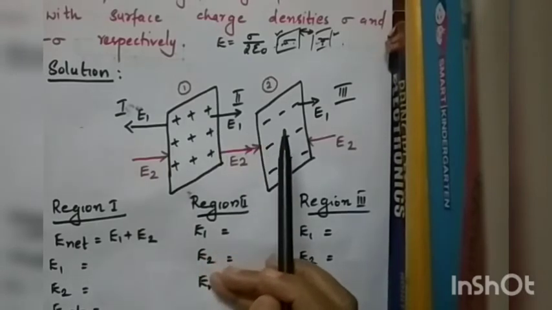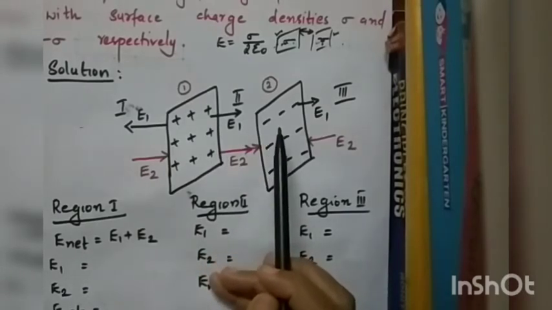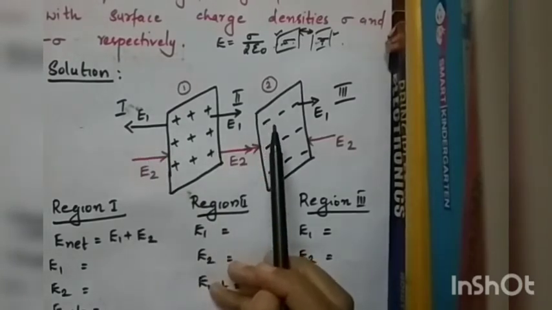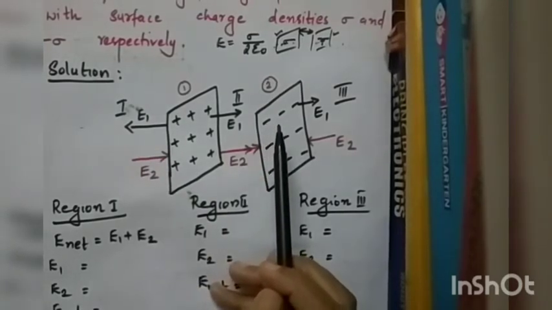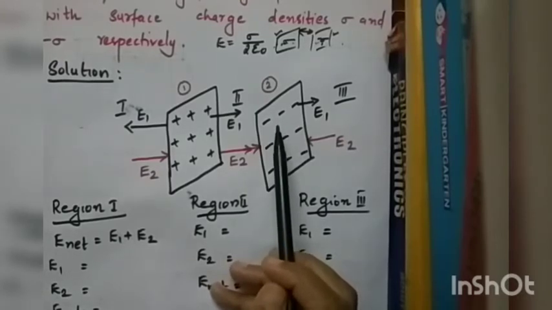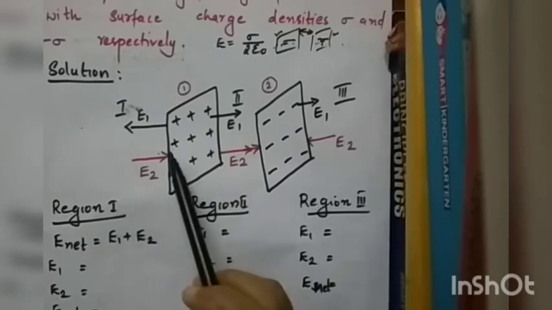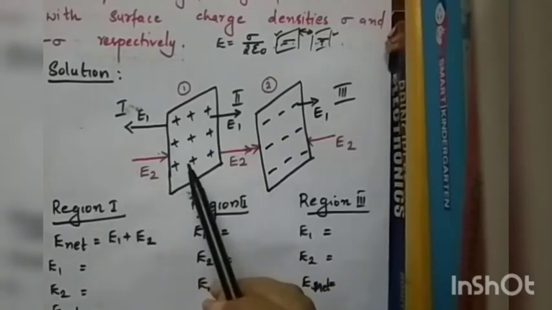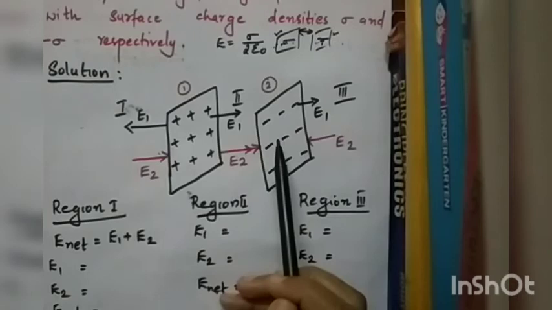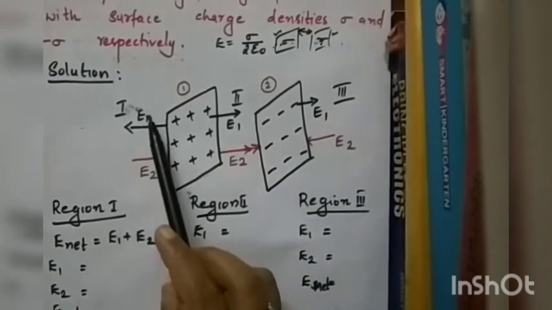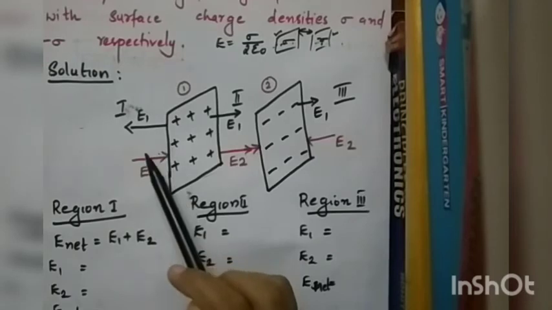Second, there will be an electric field due to the negative charge too, because this region also lies in the field created by the negative sheet. Its direction is towards the negative sheet, since the electric field points towards negative charge. So these are the two electric fields acting here.